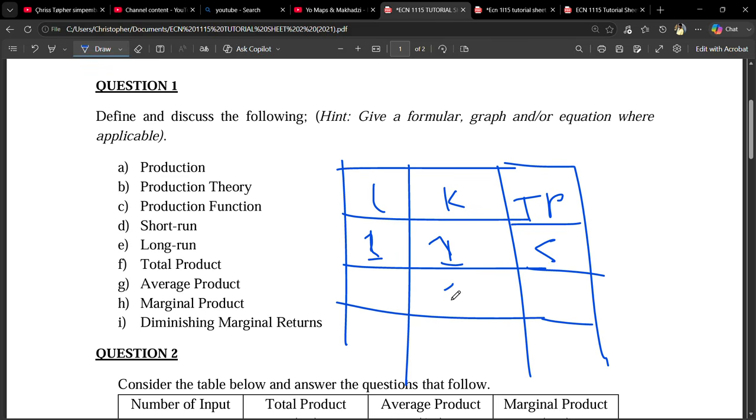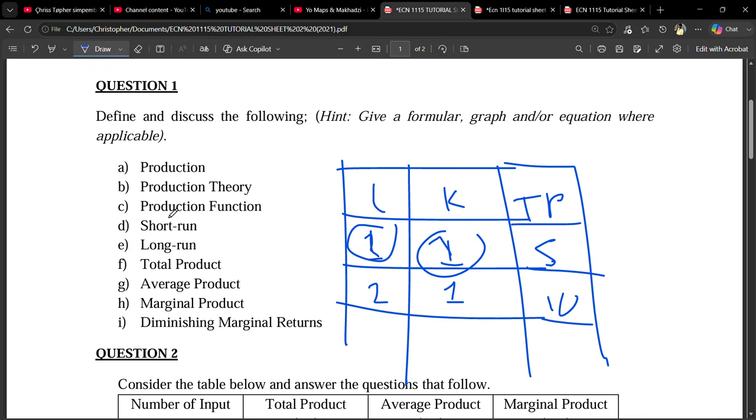Now if we keep the same capital and add 2 labor, what are we going to produce? Let's say 10. So this is the change of total product by a given input. If we use this and that, what are we producing as the total product?